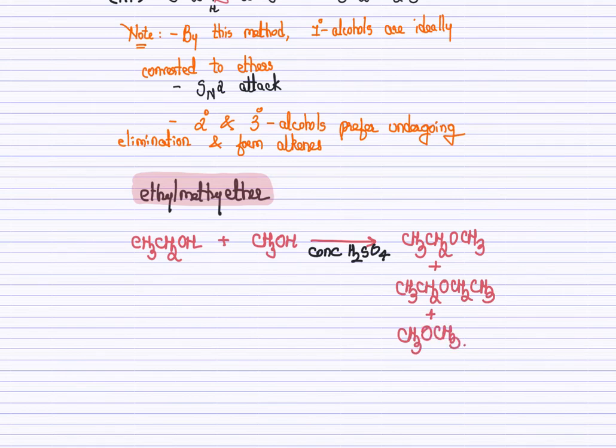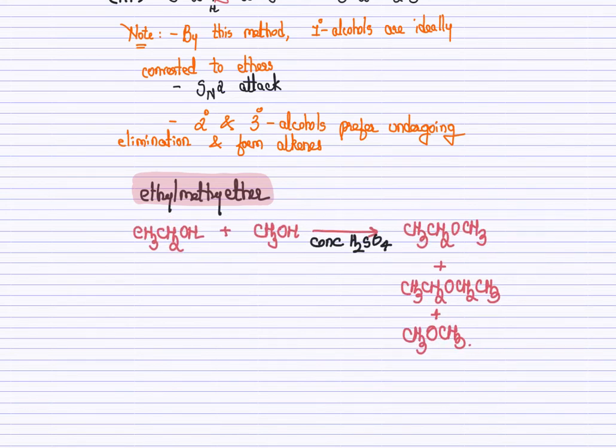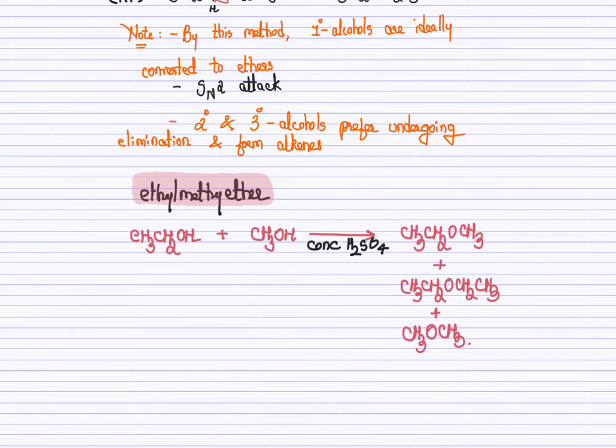So if you take two different alcohols for the same reaction, then you may end up getting three different products, and this is one of the biggest problems that we face, right?